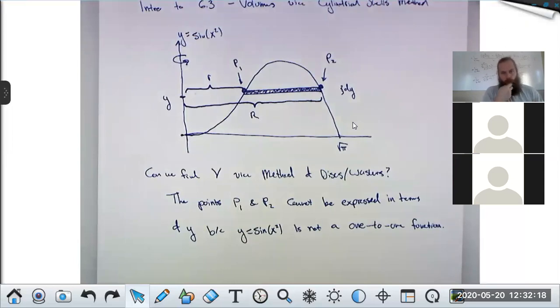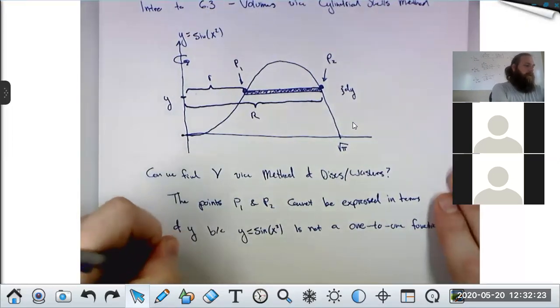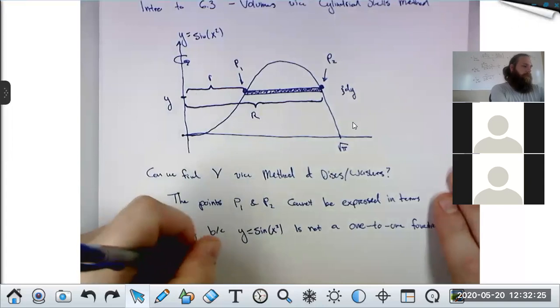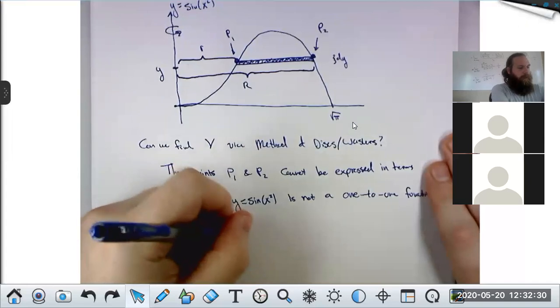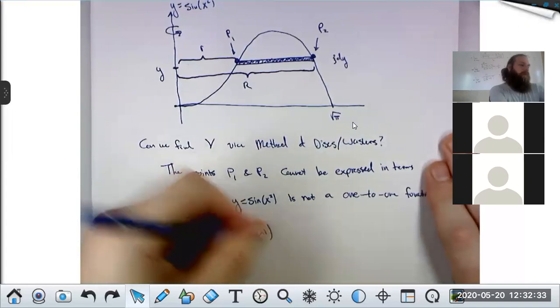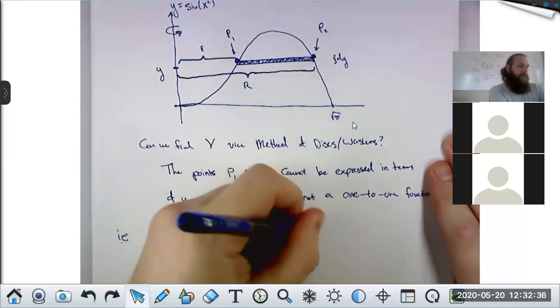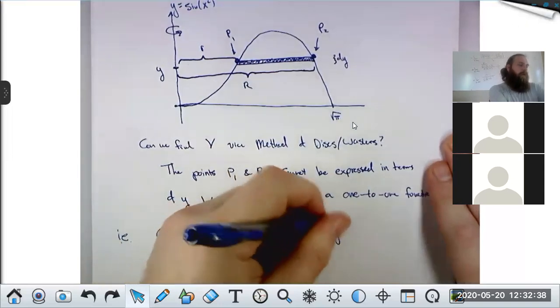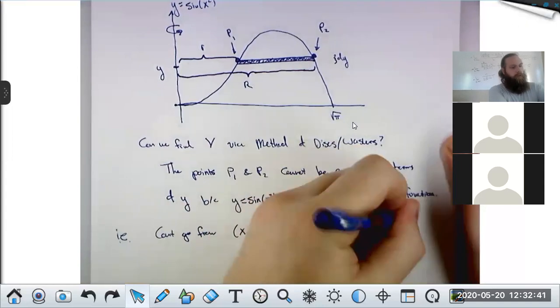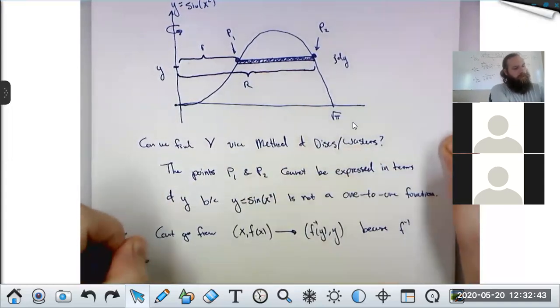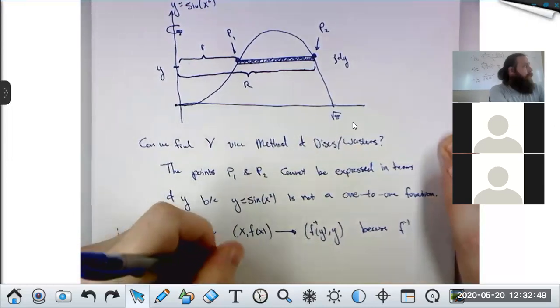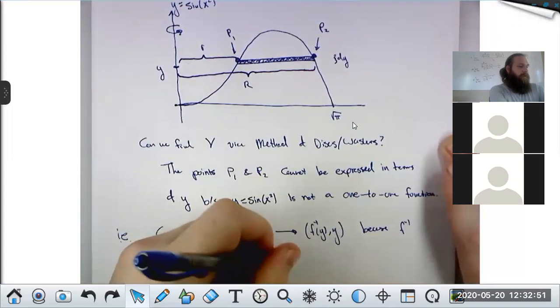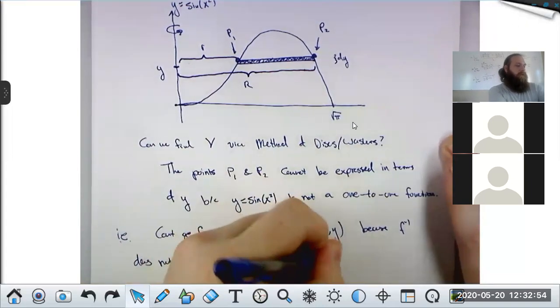In each of those cases, we can't go from x comma f of x to f inverse of y comma y, because f inverse does not exist, because f isn't one-to-one.